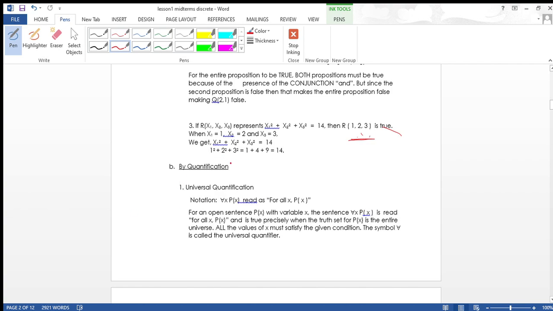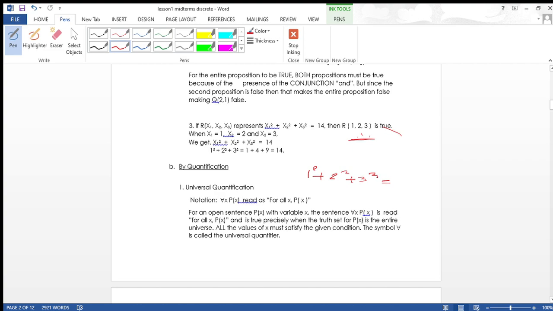Because if x1 is 1, so we have 1 squared plus x2 is 2, so we have 2 squared, x3 is 3, we have 3 squared, and 1 squared is 1, 2 squared is 4, 3 squared is 9.